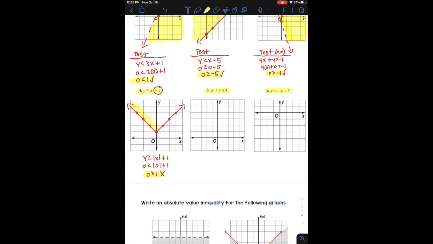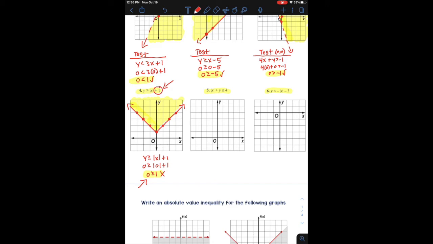This is representing that all the ordered pairs inside the V are solutions to the absolute value inequality. If I substitute any of those ordered pairs into our original inequality, we would end up with a true statement, unlike we ended up with a false statement when plugging in 0, 0. Notice 0, 0 is not shaded, it is not a solution.